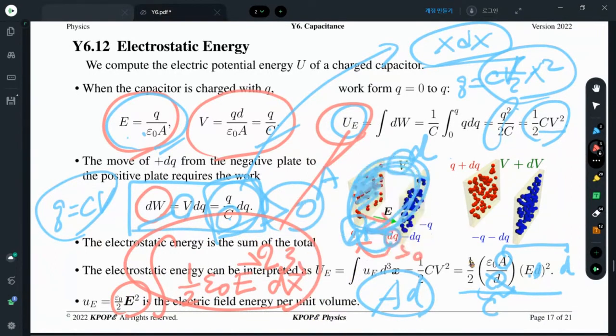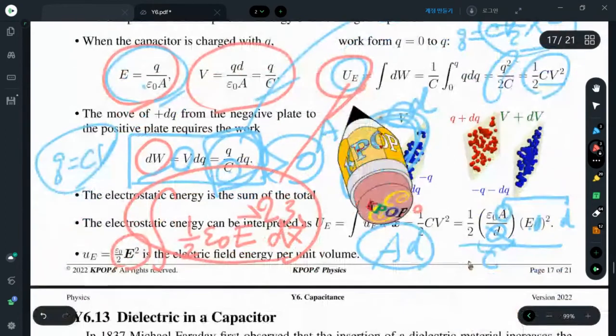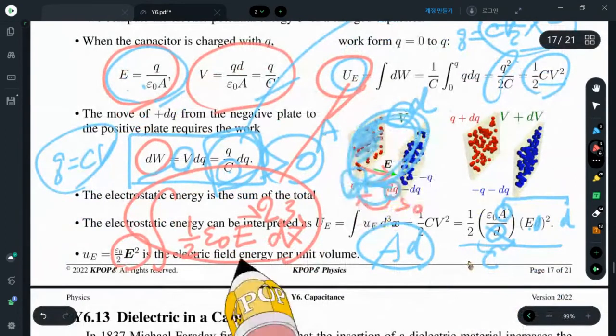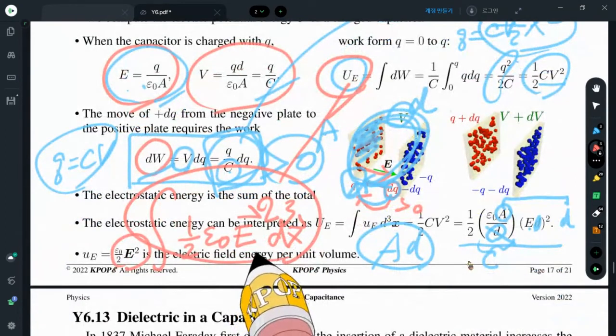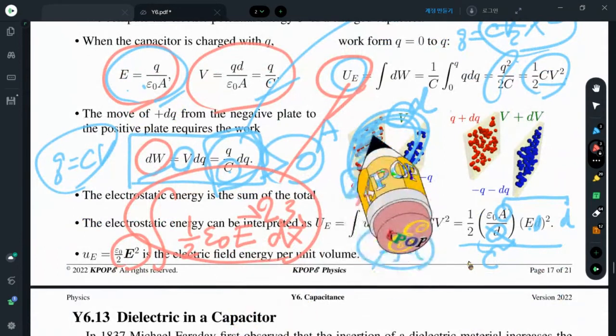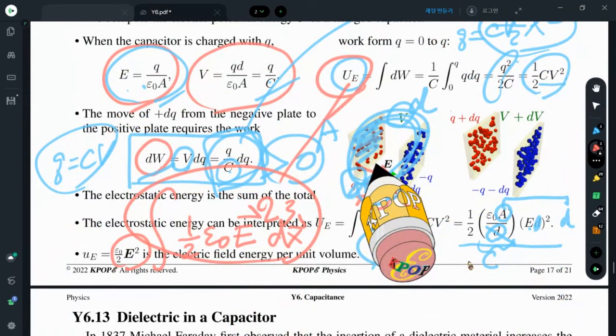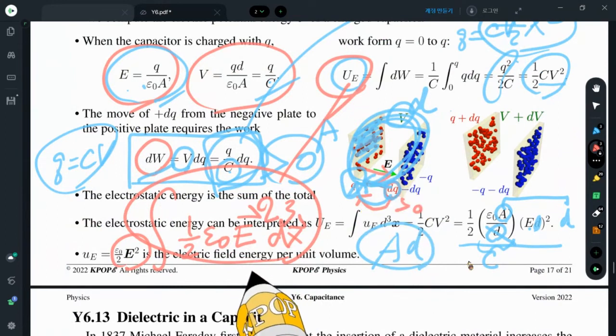We can interpret this electrostatic energy in terms of the electric field energy saved inside a parallel plate capacitor. It's quite interesting. It is very, very important.